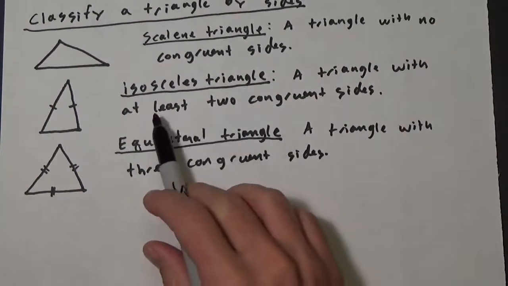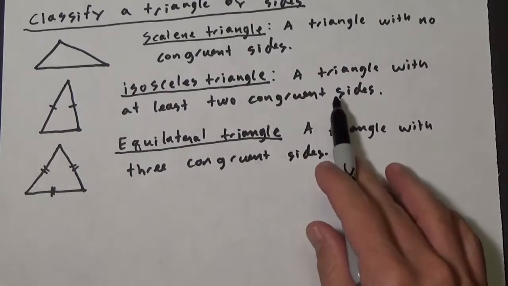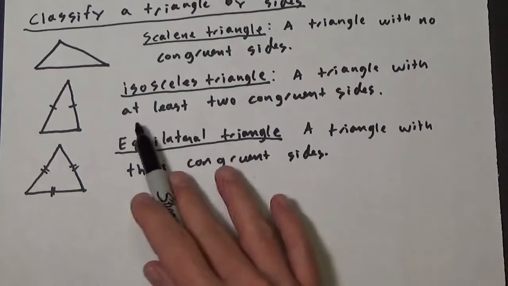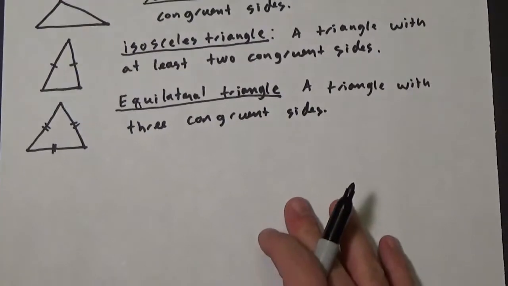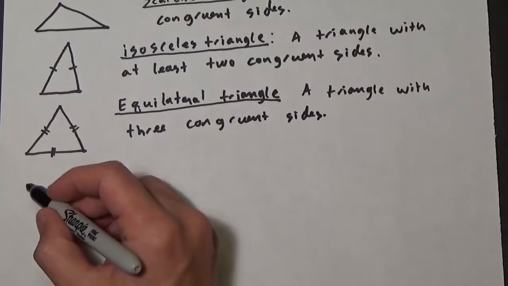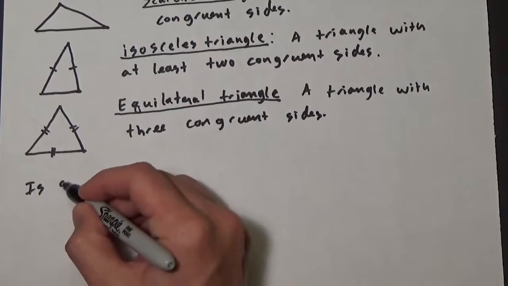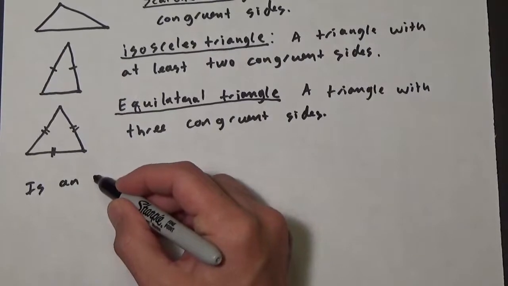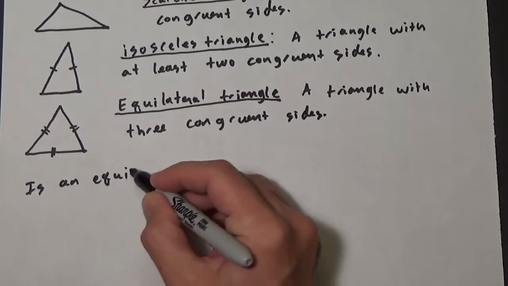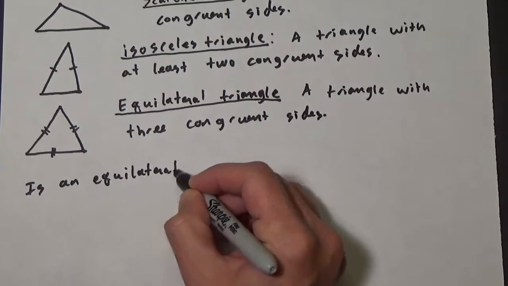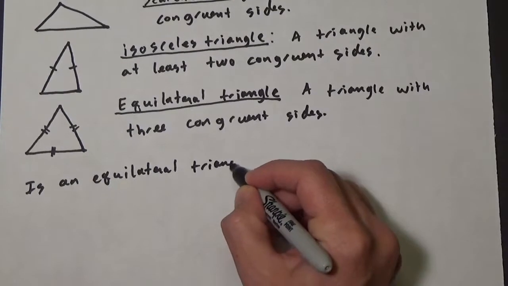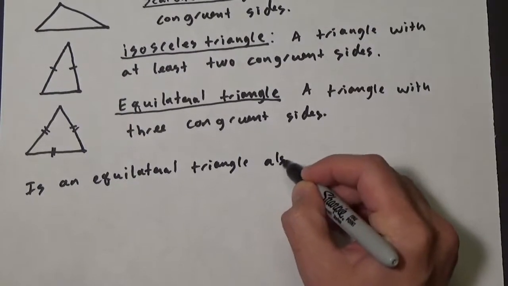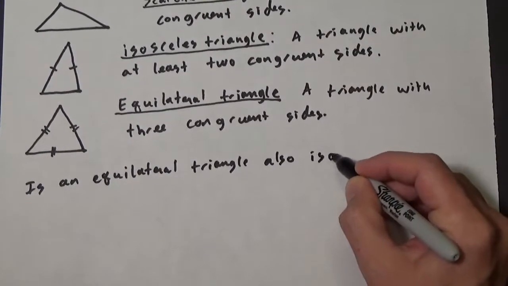Now, you might have noted that when we wrote the isosceles triangle is a triangle with at least two congruent sides. So a good question is, is an equilateral triangle also isosceles?